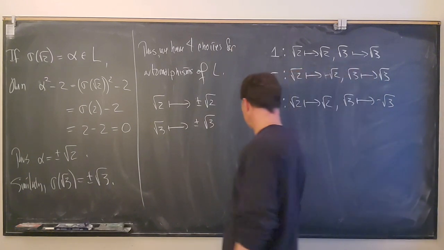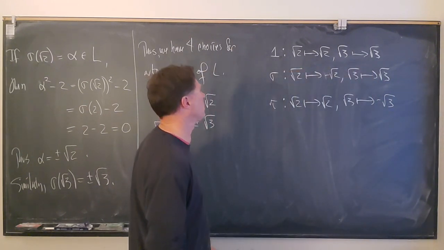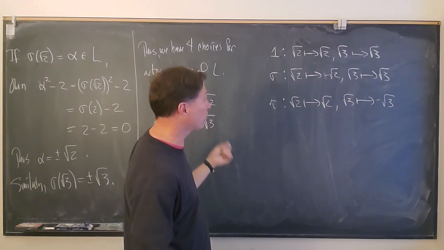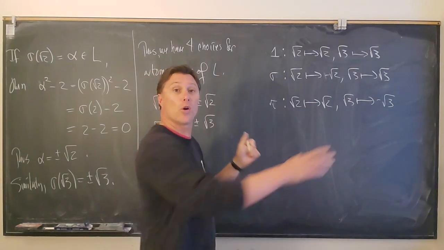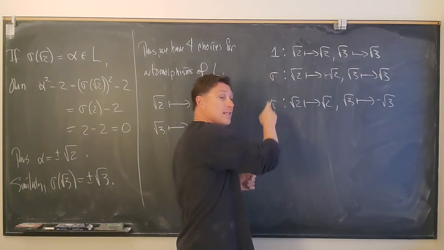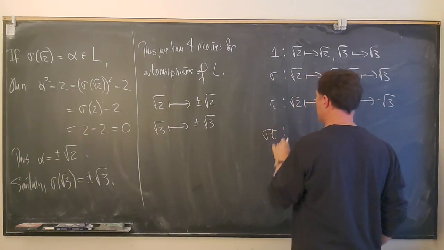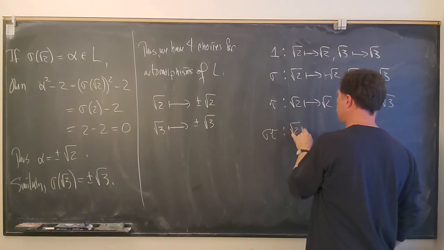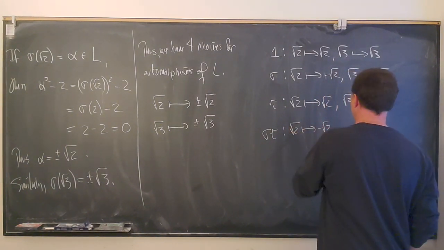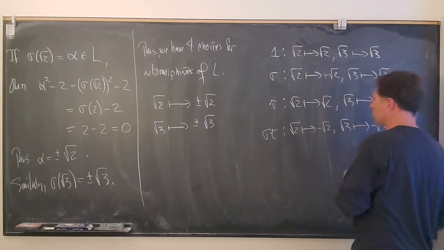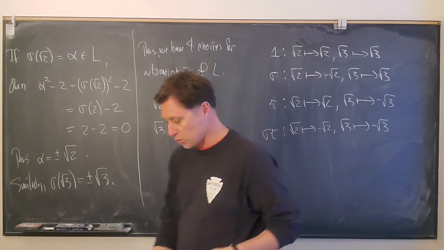And then the last one would be the one that takes root 2 to negative root 2 and root 3 to negative root 3. And notice that's actually just the composition, sigma tau. Okay, so those are the 4 elements.